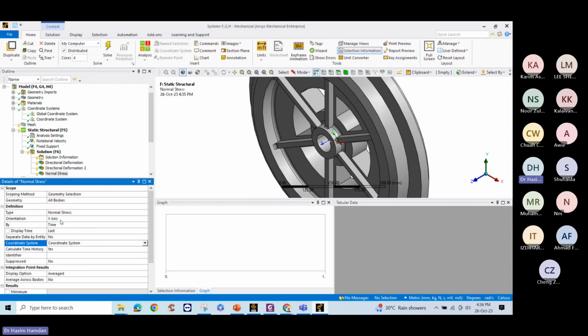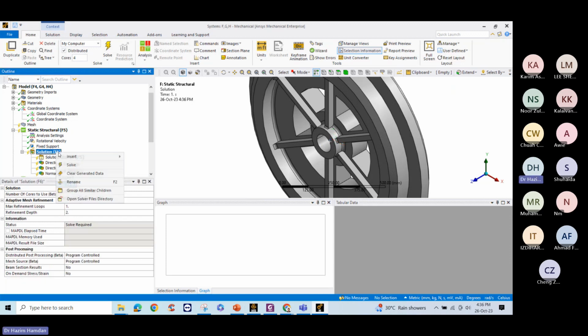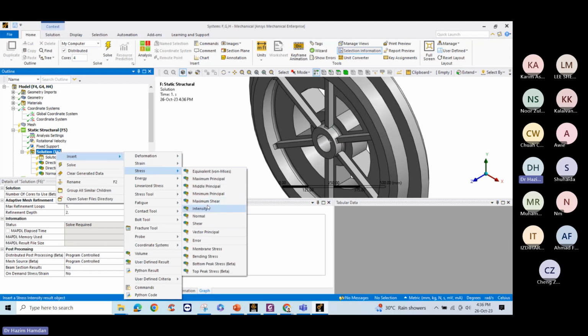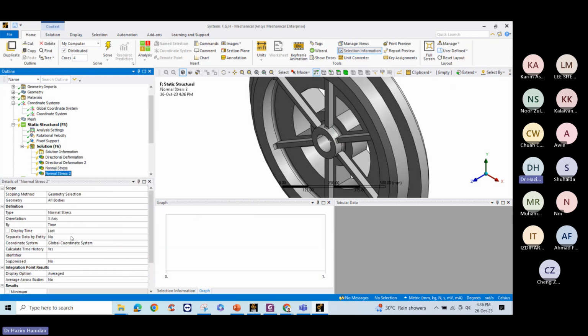So this one is for the normal stress. This one is at the x direction. The orientation is x axis, and then the other one is same, normal. So this time I change to y axis.